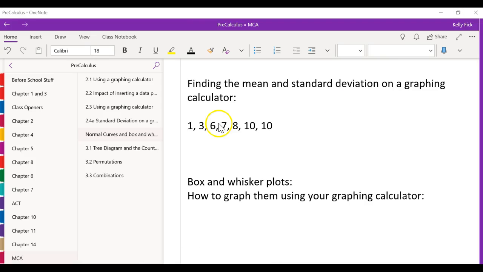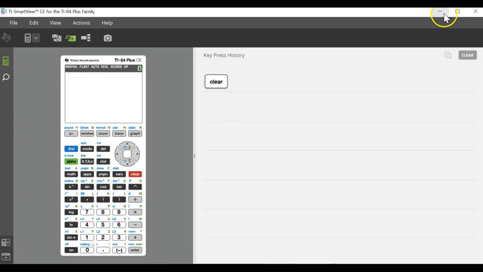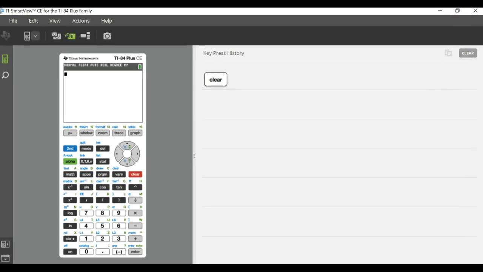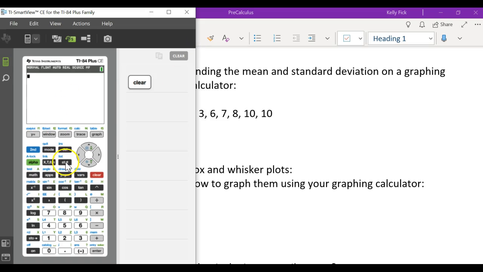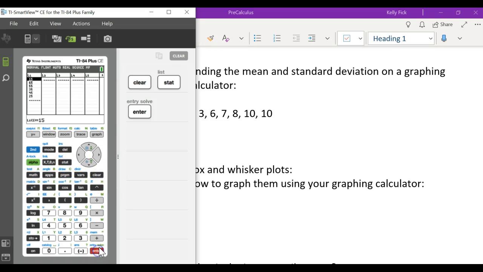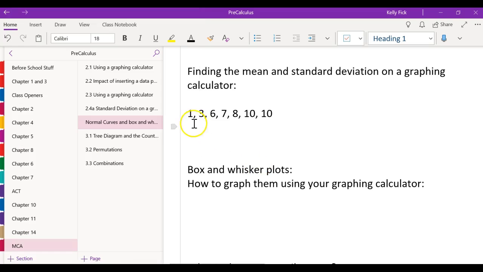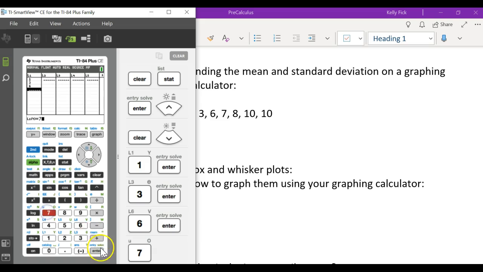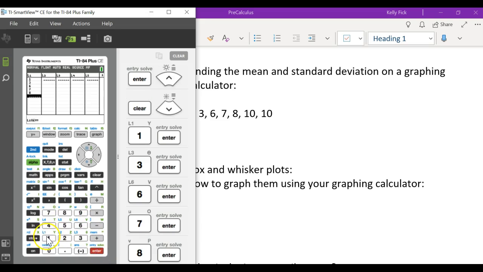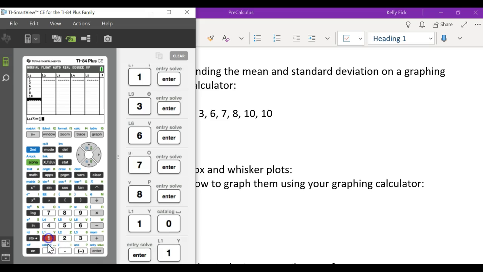So what you would do is plug in the numbers into your graphing calculator. You would go to Stat, Edit. You would clear this, and then you plug these numbers in: 1, 3, 6, 7, 8, 10, and 10.